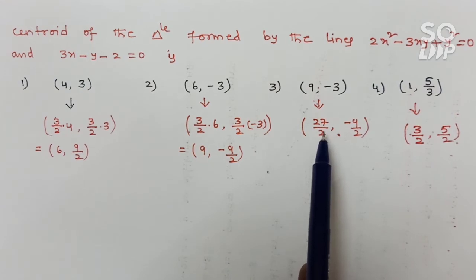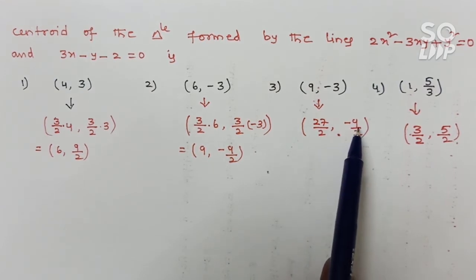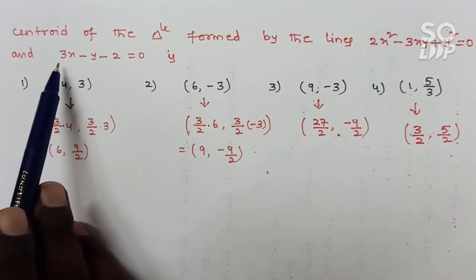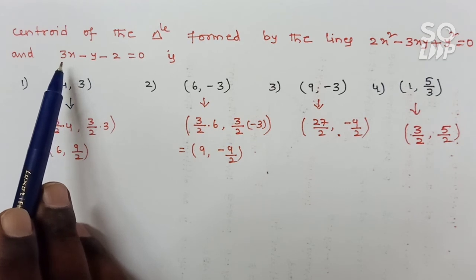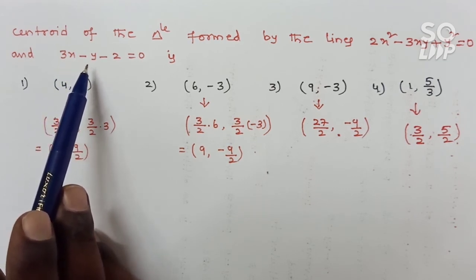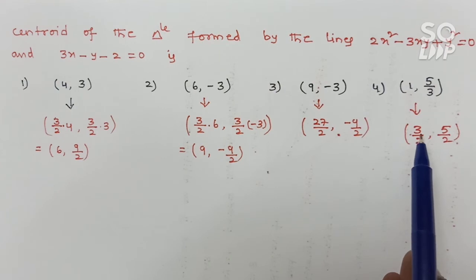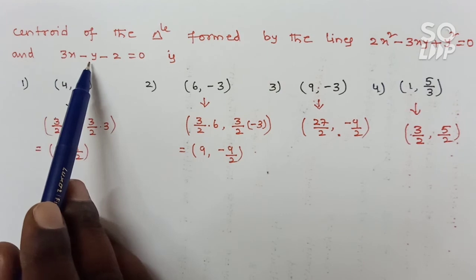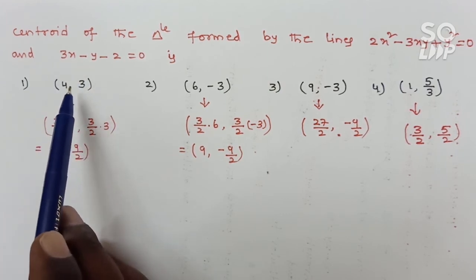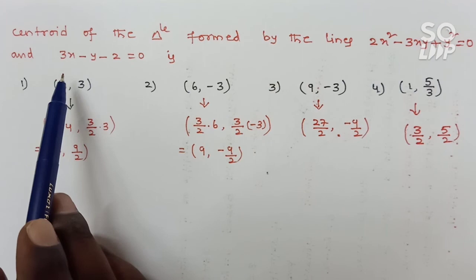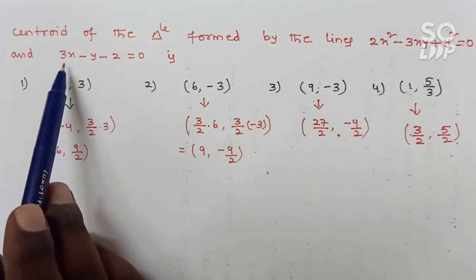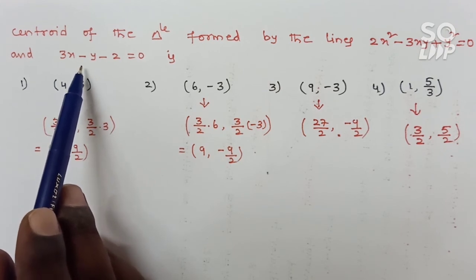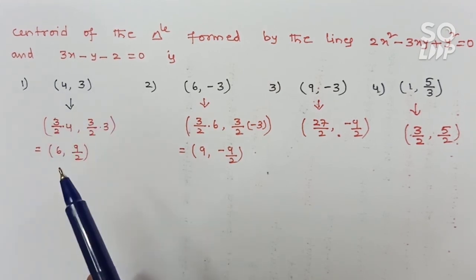Here is (27/2, −9/2); substituting, the value will be 81/2 plus 9/2, which is also not satisfied. And the next one is 9/2 minus 5/2 minus 2, that is 4/2 minus 2, which equals 0.